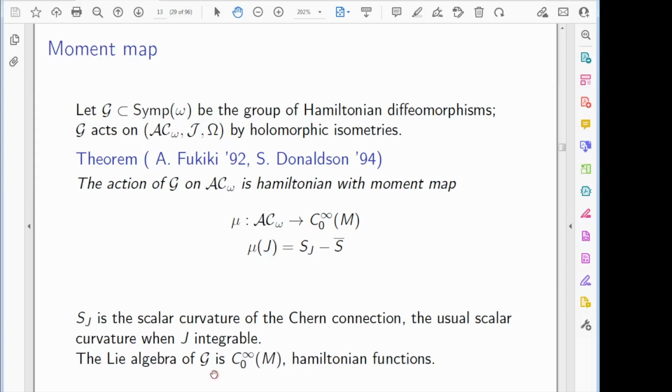Every smooth function has a corresponding Hamiltonian vector field. And so the smooth functions give the Lie algebra of the Hamiltonian group. If you're considering functions, then the bracket is the Poisson bracket.